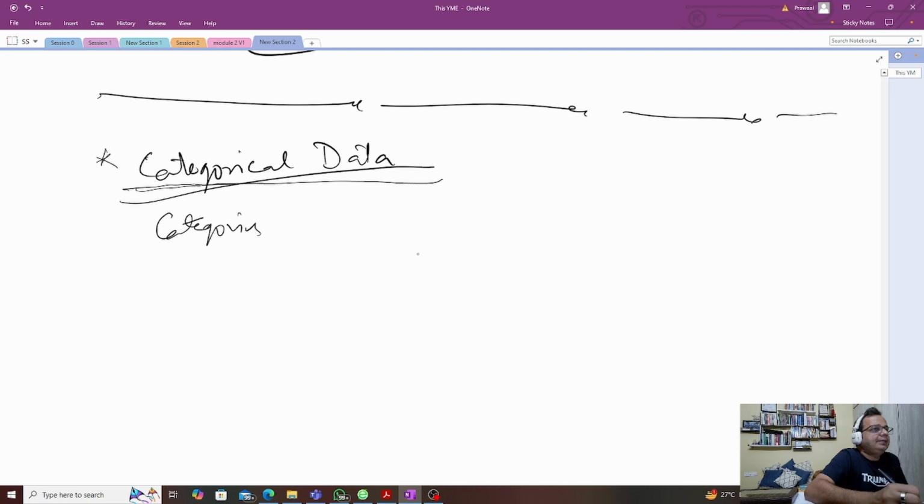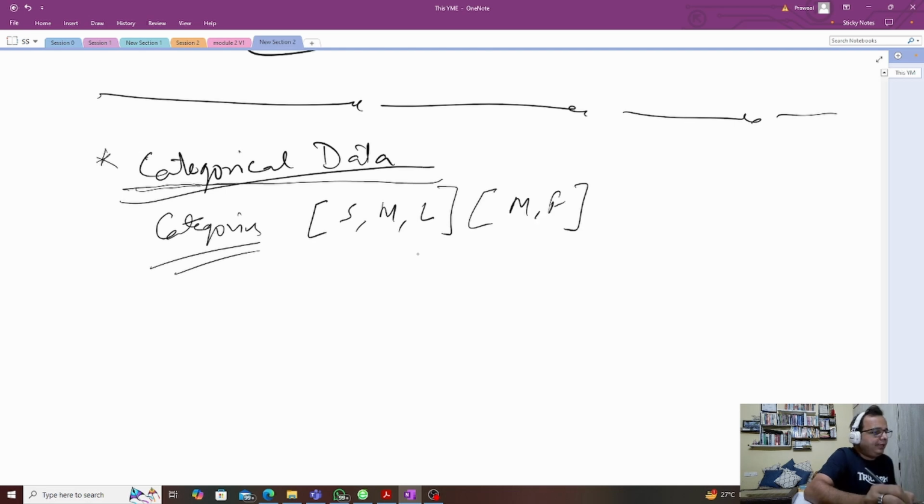So if you buy a t-shirt, it can be small, medium, large, and nowadays extra large, extra small, etc. It can be gender, which is male and female. As you're doing sentiment analysis, it can be positive, neutral, or negative sentiment, etc. So this is how categorical data is.